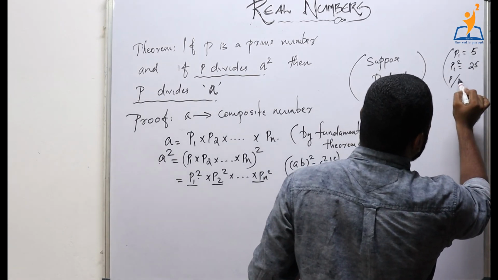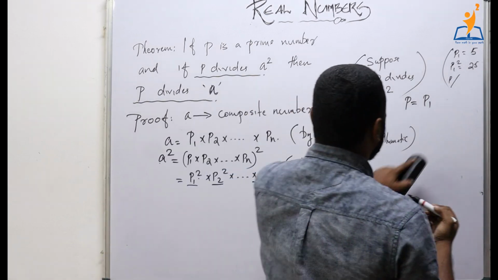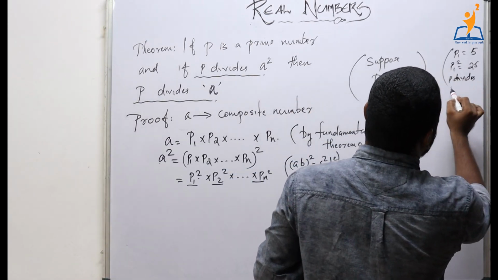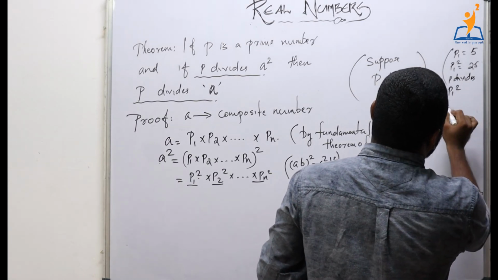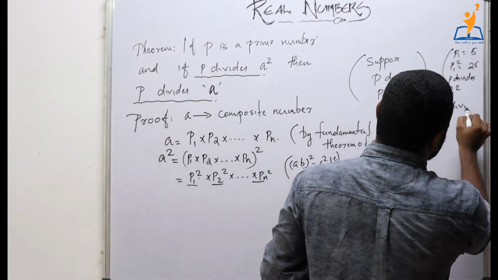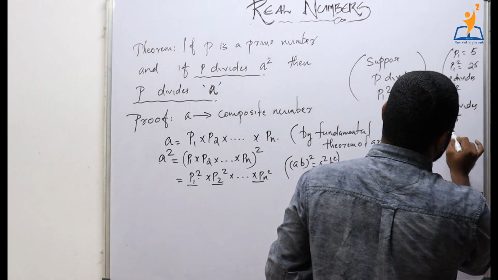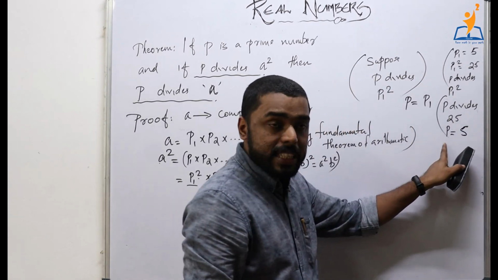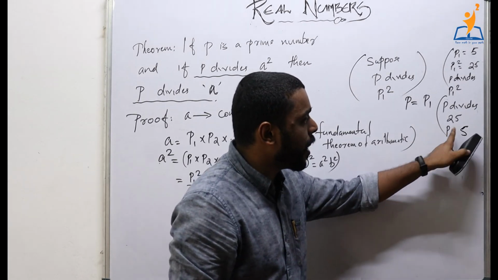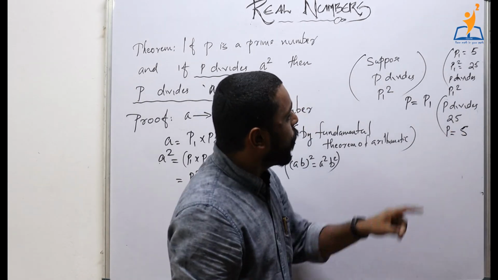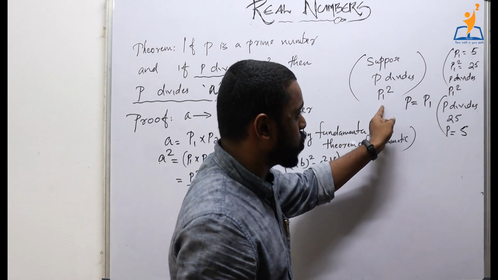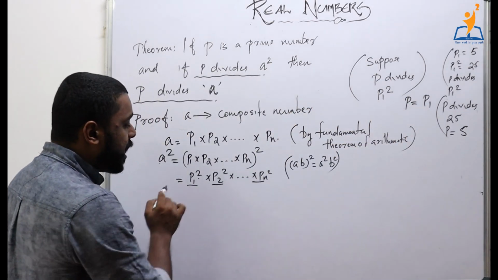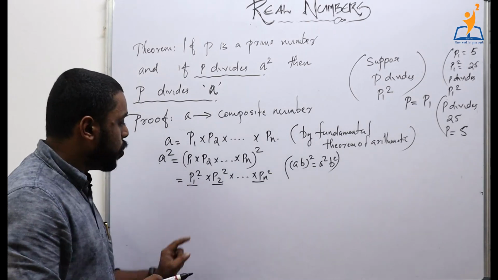Suppose that P divides 25, then the only possibility for P is 5, since P is a prime number and the only prime factor of 25 is 5. So if P divides P1 square, then P must be equal to P1.